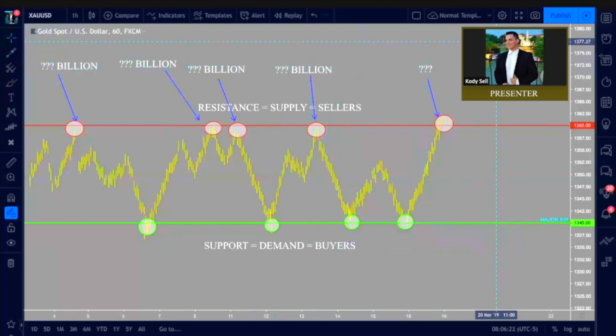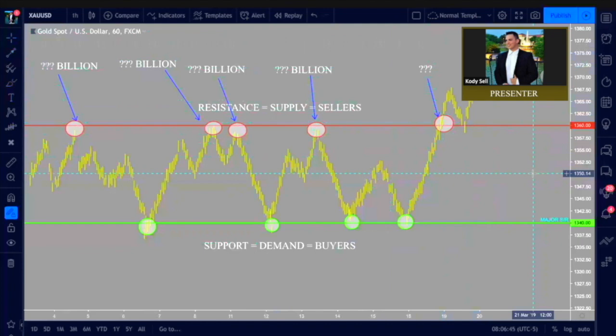It becomes more and more likely that there are no more sell orders remaining. It becomes more and more likely that this level will break and price will continue on as if it didn't even exist. Why? Because all the orders have already been completed.